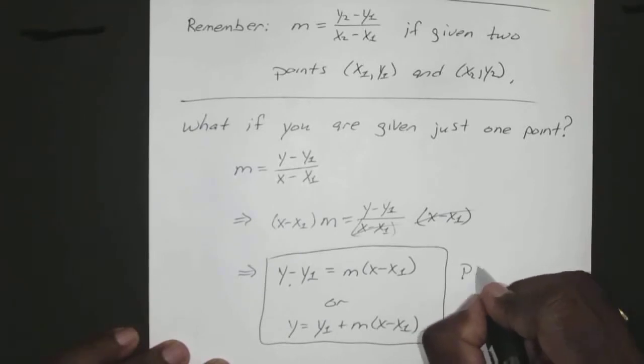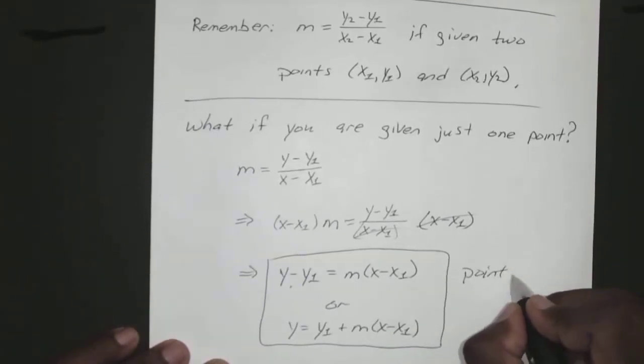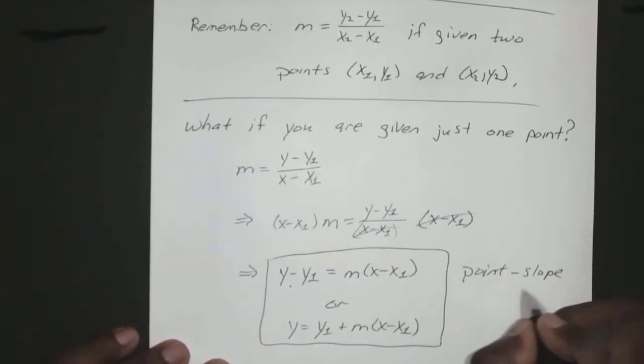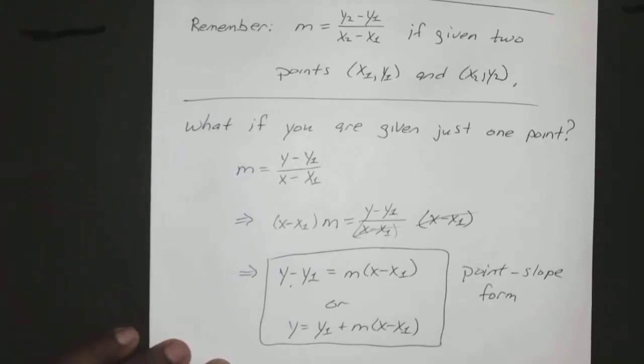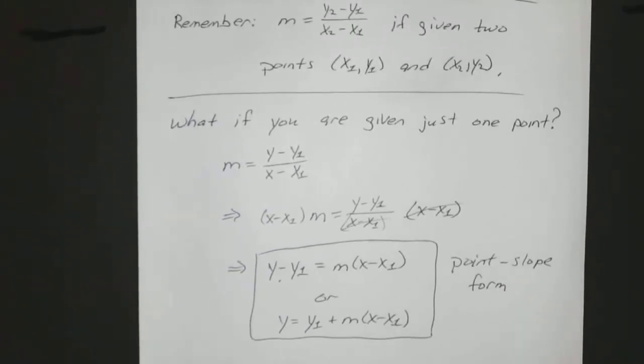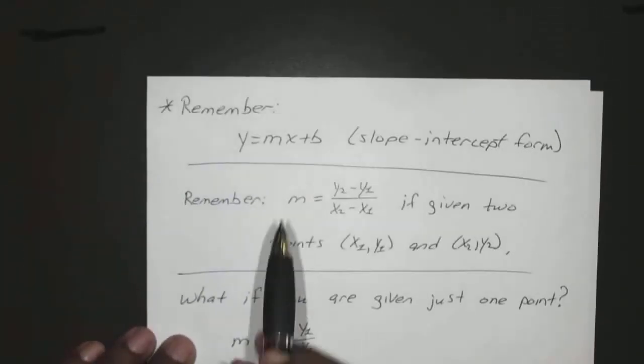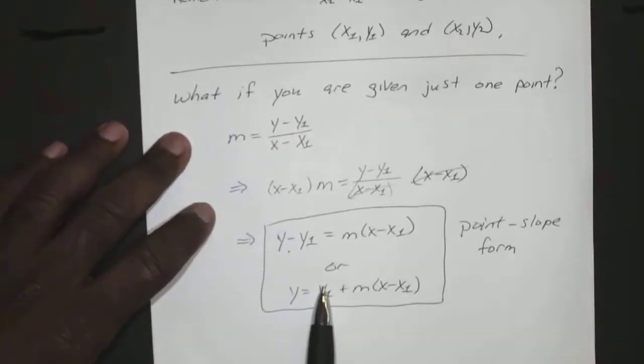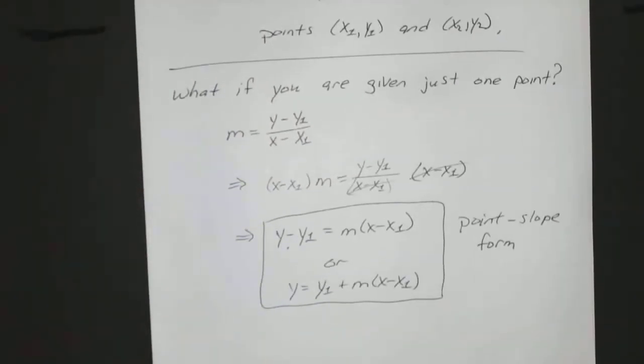And this is called your point slope form. Now sometimes if they give you just your slope and 1 point, you can create a slope-intercept form from this. And that's what we're going to do.